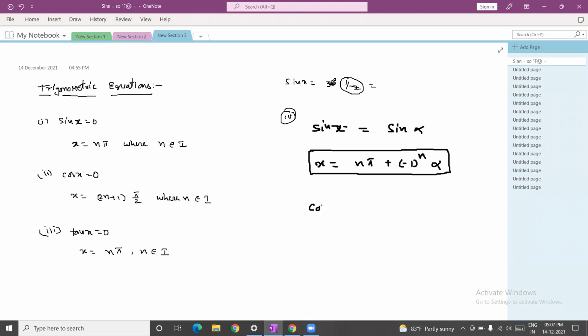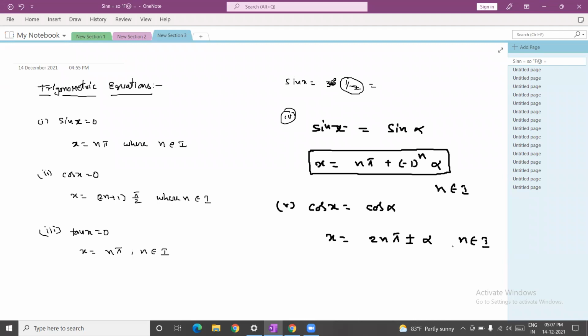Same as if cos x is equal to cos alpha, then x will be equal to 2n pi plus or minus alpha, first quadrant and fourth quadrant. 2n pi represents 2 pi, 4 pi. Here also n belongs to integers.